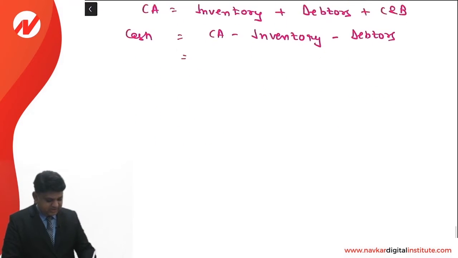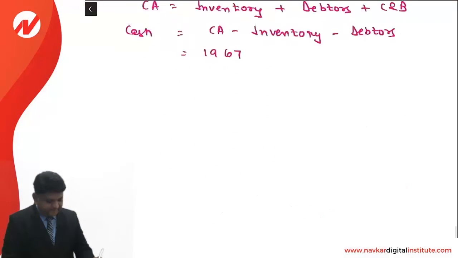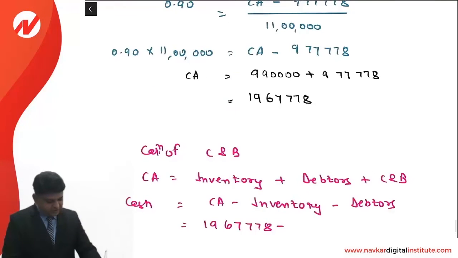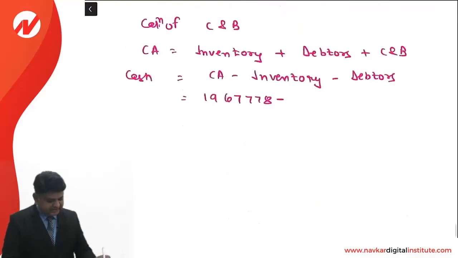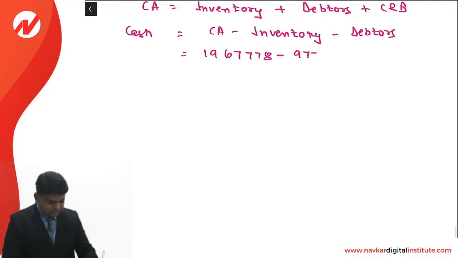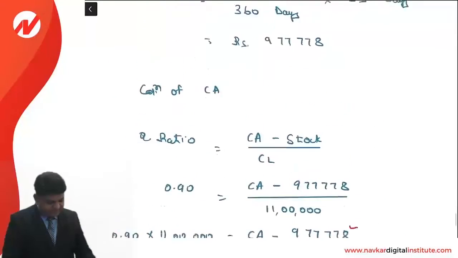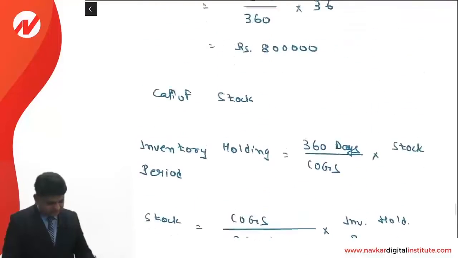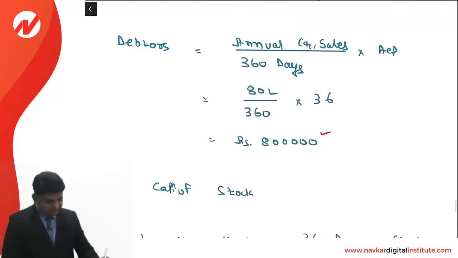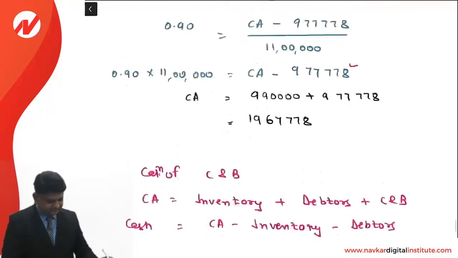Current assets is 19,67,778 minus stock is 9,77,778 minus the debtors is an amount of rupees 8 lakhs.